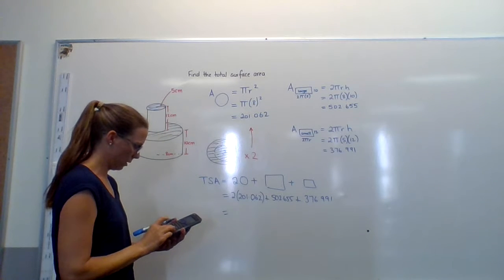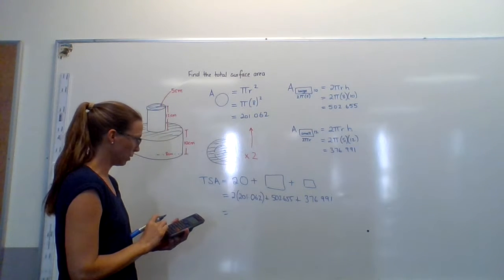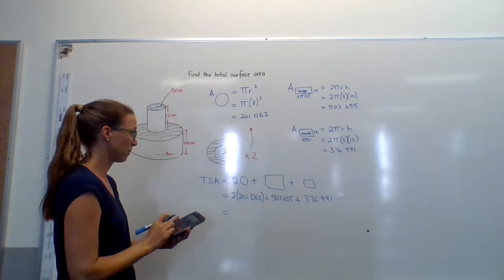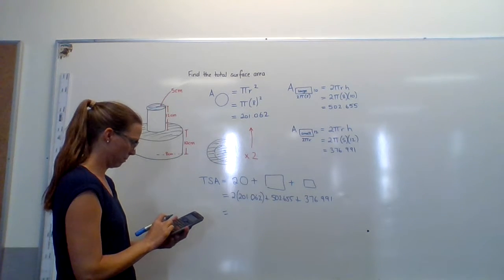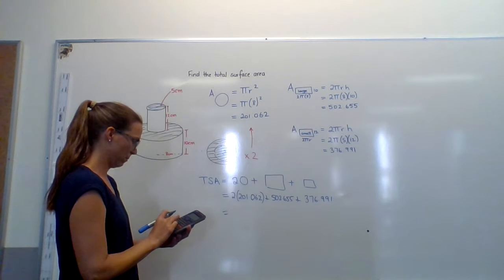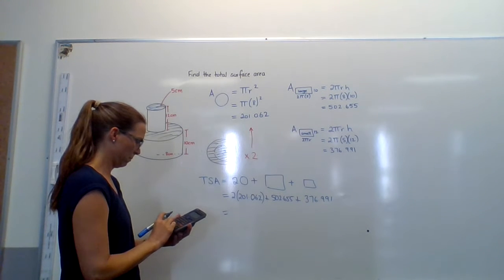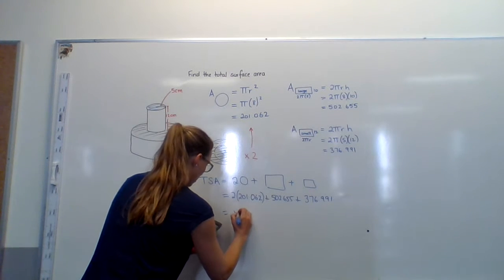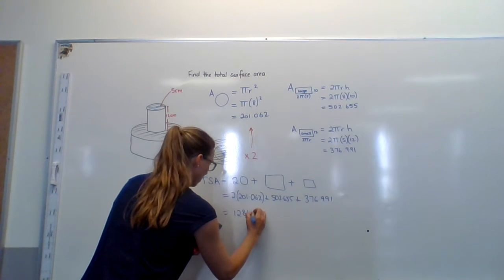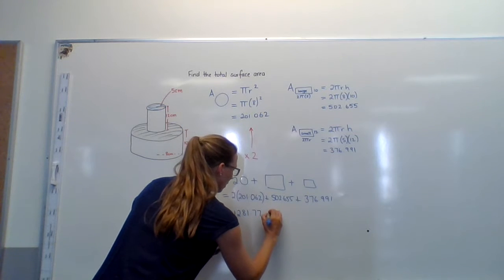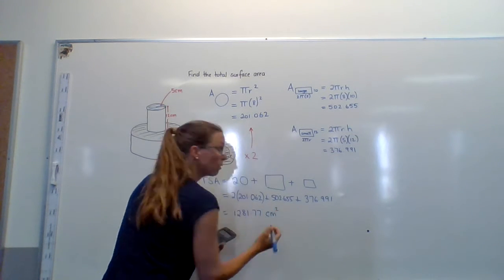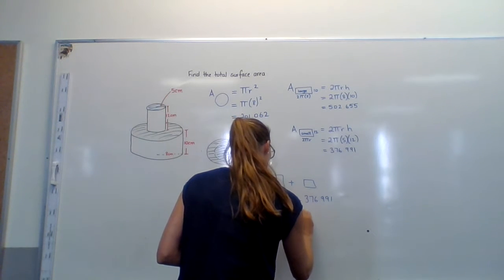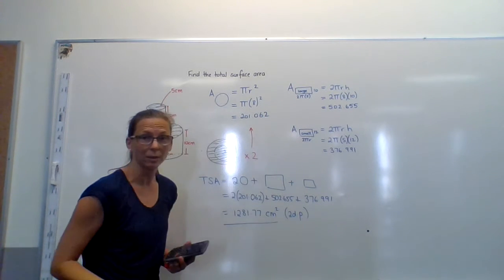And I can do that in my calculator. Just bear with me. And I get 1,281.77 square centimetres, because I'm working surface area, correct to 2 decimal places.